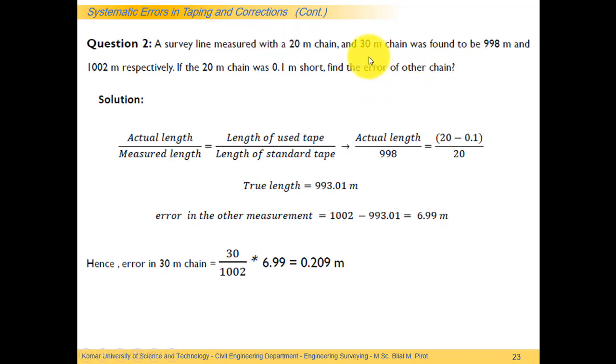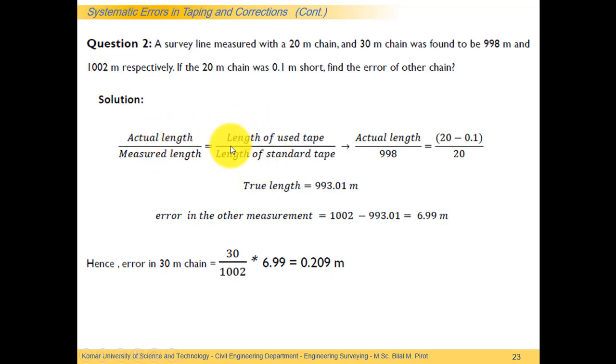The other chain is 30 meters. So we have to find the error in this tape. But how can we find it? First of all, we have to find the true length of the line, because we have the standard length of the tape, that is 30, and we have the measured length, that is 1002 meters. But this is the formula.